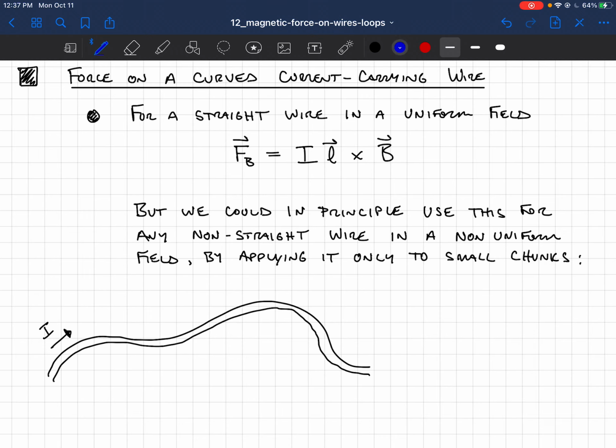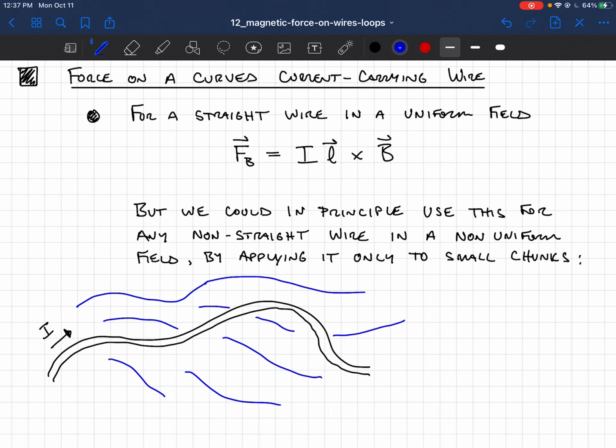We could just draw it however we like. Some magnetic field that's sort of going everywhere in space. So maybe it looks like this. And it might have a different magnitude at different places. Something like that. So what is the net force on that wire due to this non-uniform field?